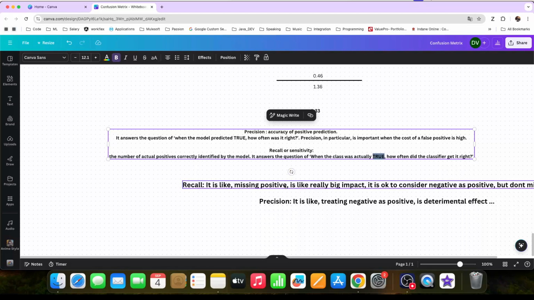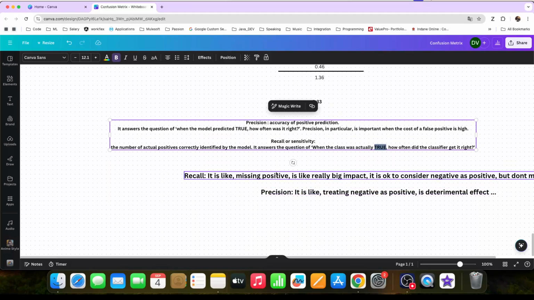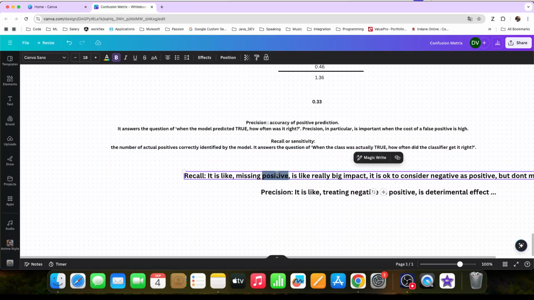Now recall, if you take one more deep dive, whenever you check the recall count, it's about whether you really miss any positive. For example, the image should be a truck, but the model missed identifying it as a truck, or the person had a brain disorder, but the model said no, it's not a brain disorder. So the model is missing those positive predictions, and then it's a very big impact.